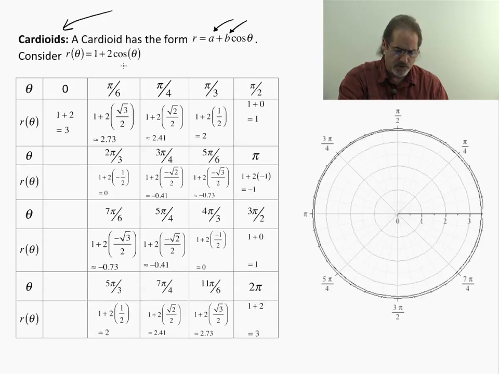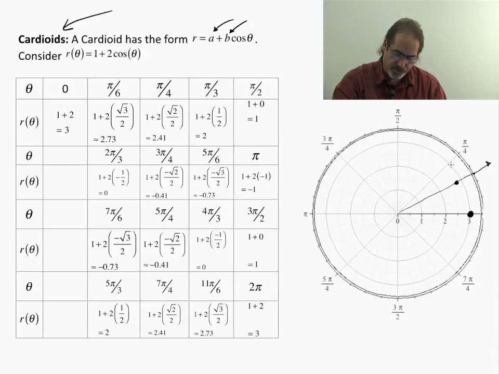So for r equals 1 plus 2 cosine theta, when theta is 0, r is going to be 3. So at 3, I'm out here. At pi over 6, which is about here, I'm going to be at 2.73, which is roughly here.